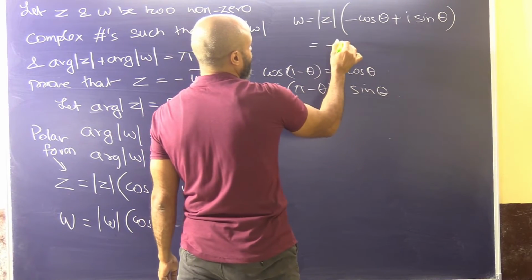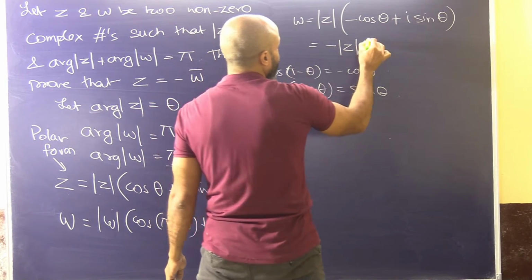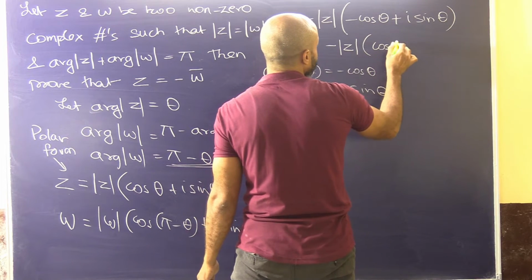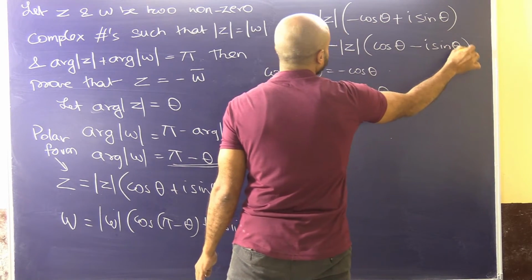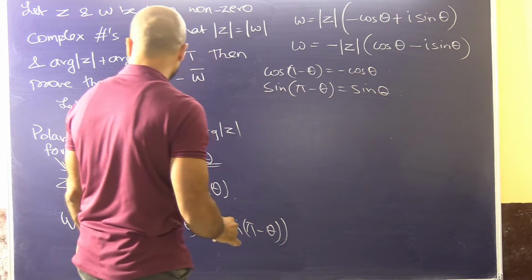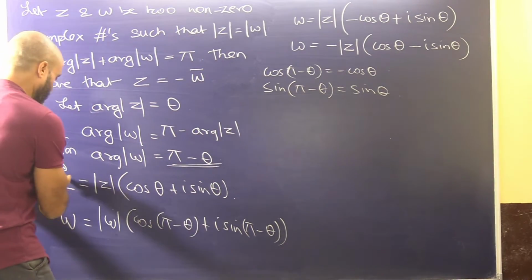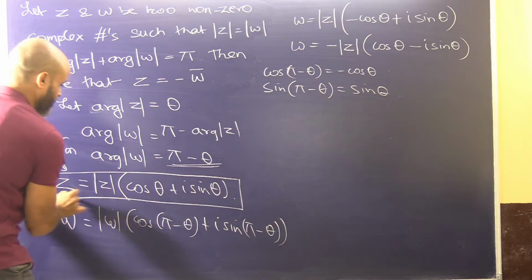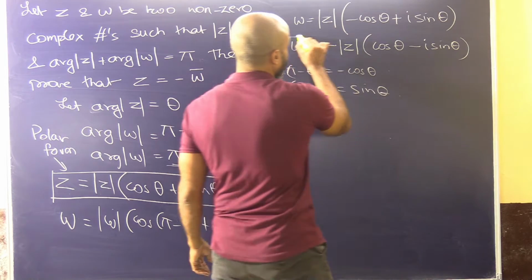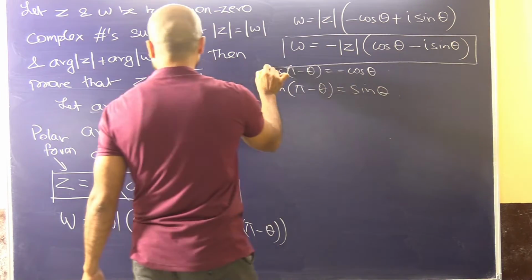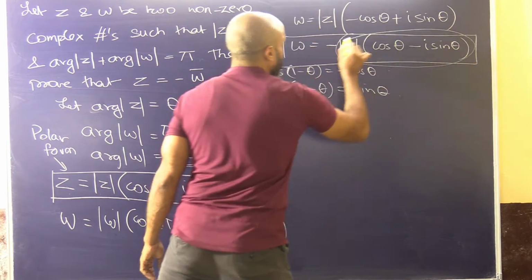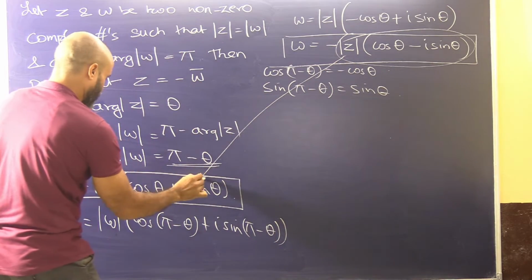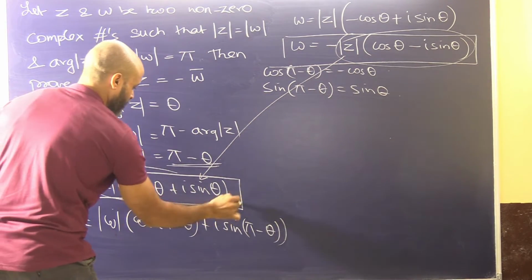Okay, making some more modifications. If I take the minus out, this will be minus mod z into cos theta minus i sin theta. So w is equal to this, and look at this, just compare these two. If we compare these two, this part is basically the conjugate of this part, right?